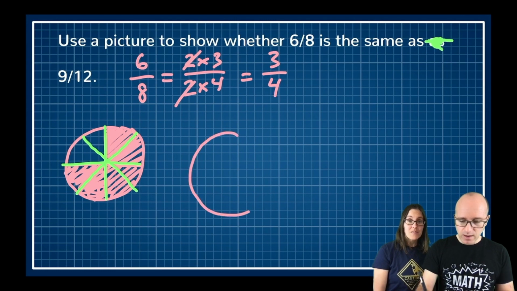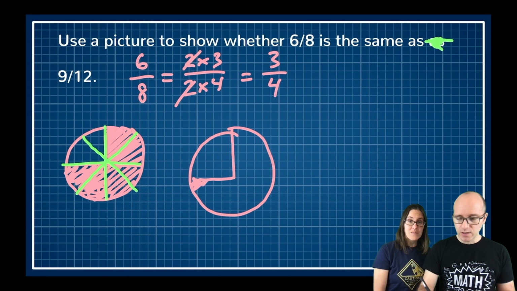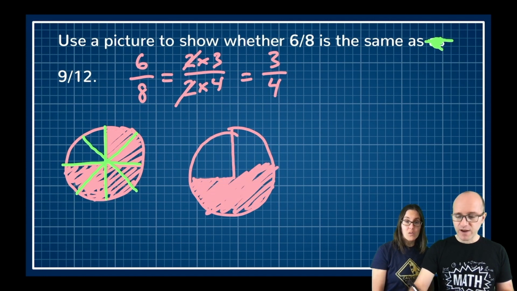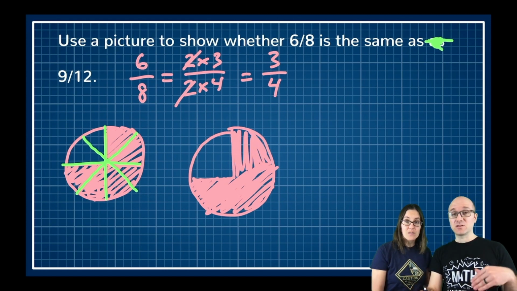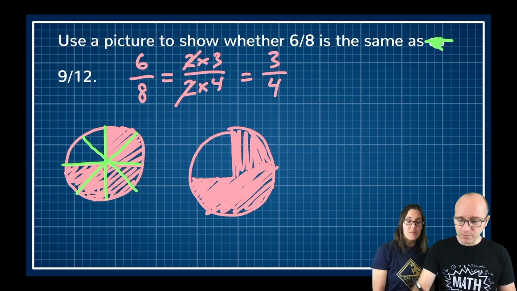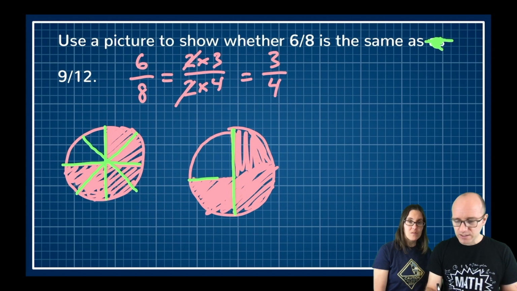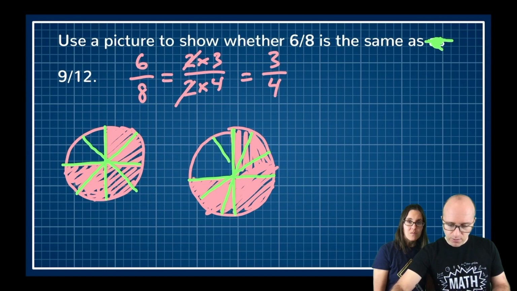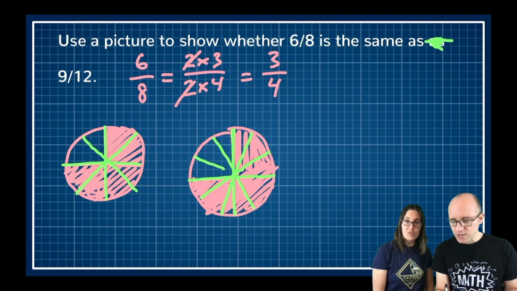And I'm going to do the exact same picture again, but this time I'm going to cut it into how many pieces for the other fraction? 12. 12 total pieces, and that was because the fraction says 9/12, and the denominator, the 12, tells us how many pieces that would be. All right, so we slice there, slice here, and then we try to do each quadrant into thirds, and we may or may not succeed at that, but we try our best.